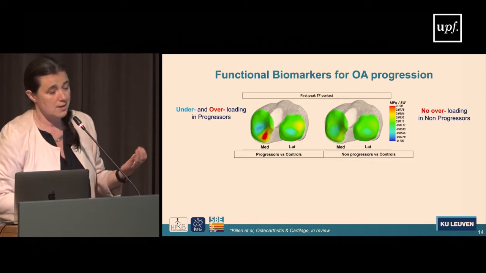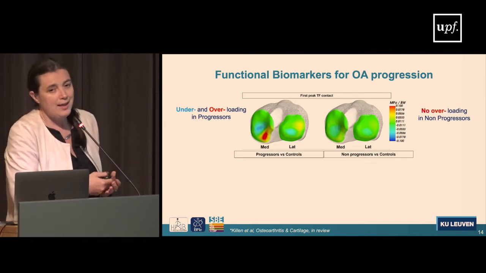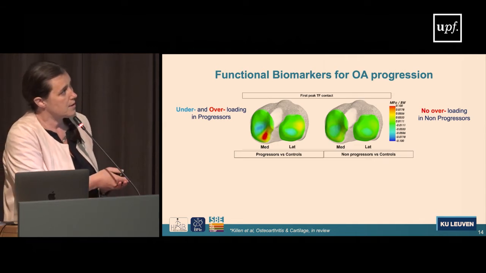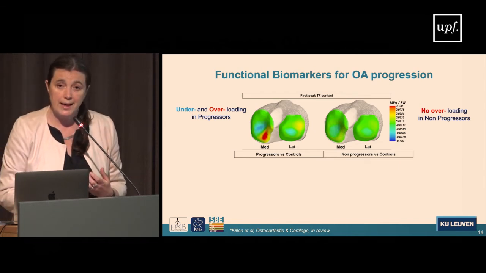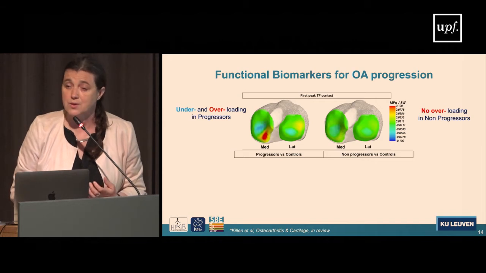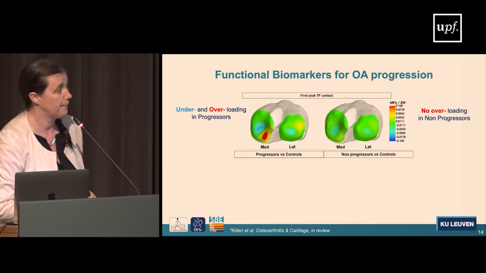And of course, this is biology, mechanics. It's not either the one or the other. There are areas in the joint where there is a clear overloading of the joint, indicated in red, but there are also other areas where there is more an underloading of the joint. And that is interesting to try to get more insight in that discrepancy.